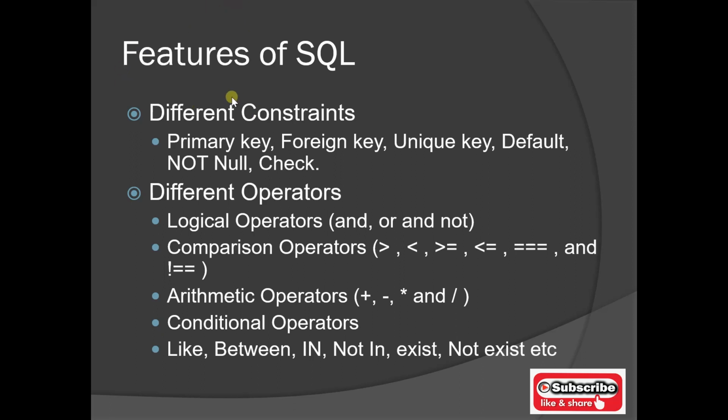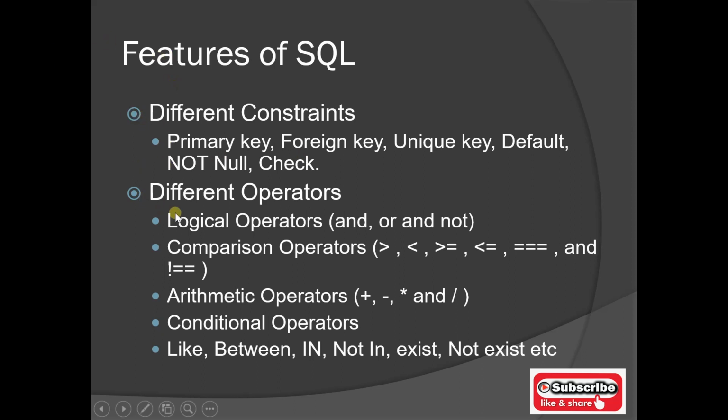Foreign key, we can give reference between two tables. Unique key, by specifying unique key, that attribute should contain unique value. Default values can be specified, not null, and even check constraints can be applied. Again, for better understanding of the different constraints, you can refer my previous videos in which I have explained all the constraints with example and its implementation.